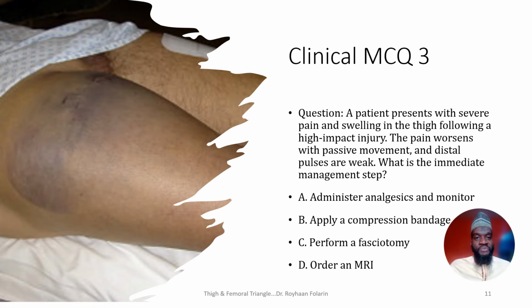In this next clinical case, the patient presents with severe pain and swelling in the thigh after a high impact injury, with worsened pain on passive movement, and the patient also has weak distal pulses.